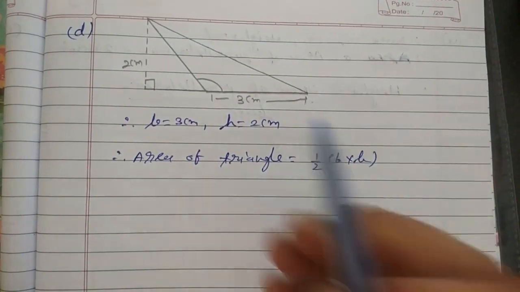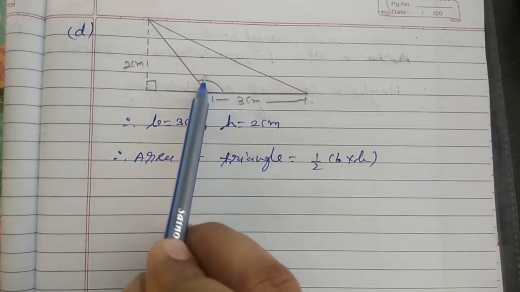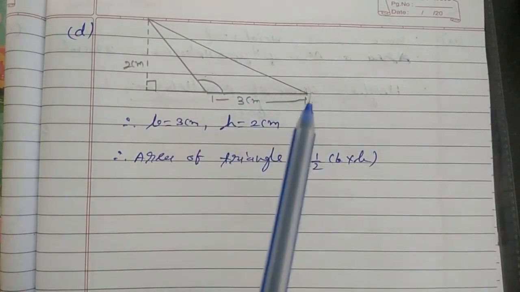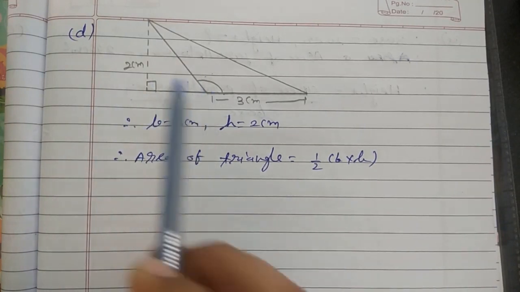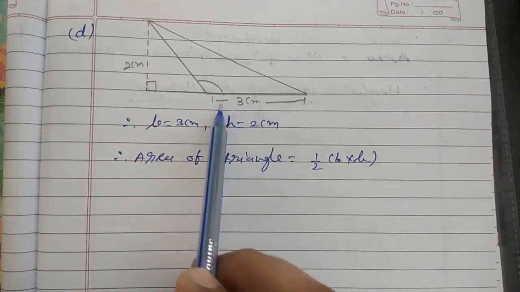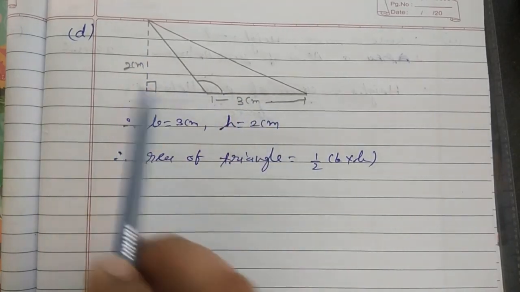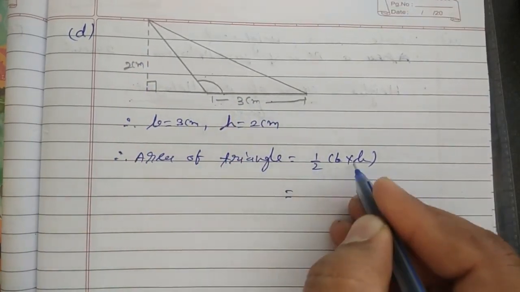Next sum D. Here obtuse angle triangle is given. This is obtuse angle, and in obtuse angle triangle height comes outside. So here this height is given. This is our base 3 centimeter and height is 2 centimeter, and area of triangle is equal to 1/2 base multiplied by height.